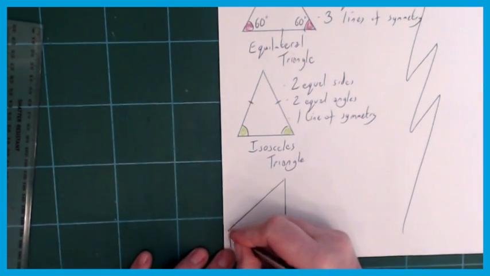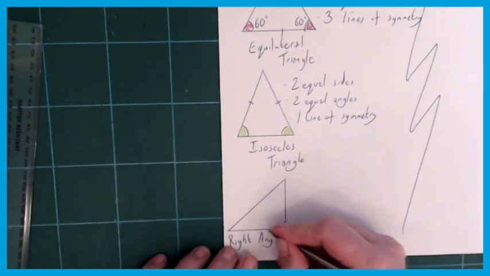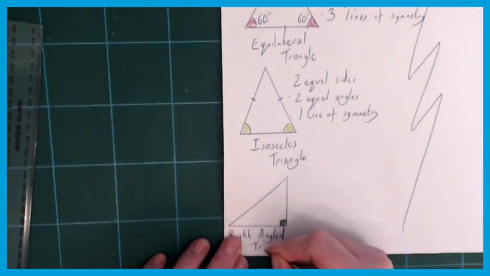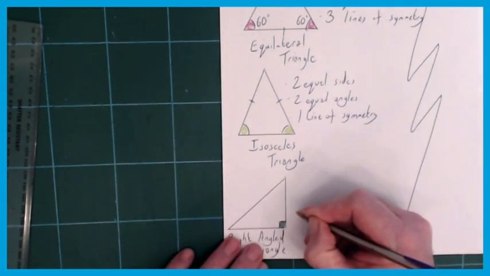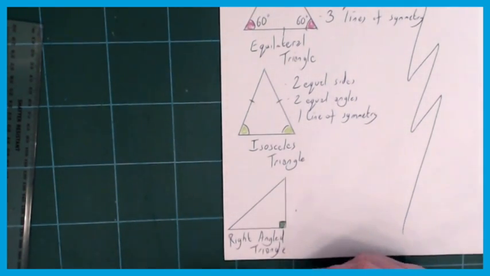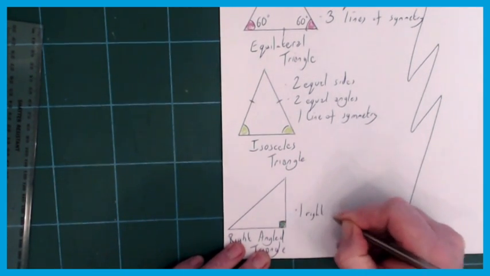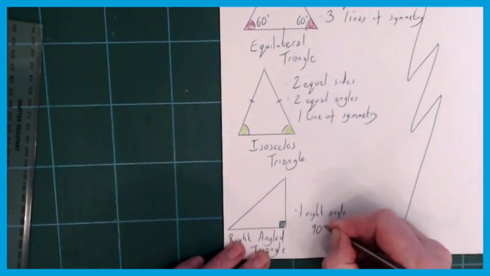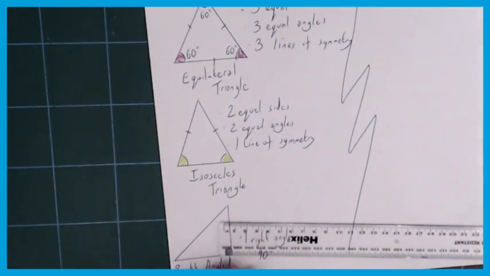So this is a right angled triangle, and it has one right angle at 90 degrees. And we'll just do one more.